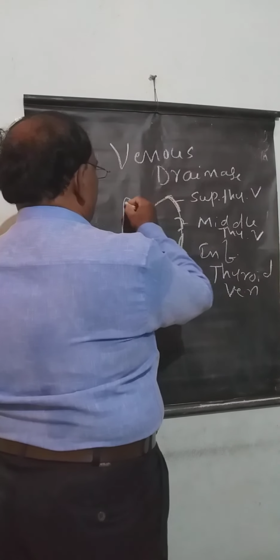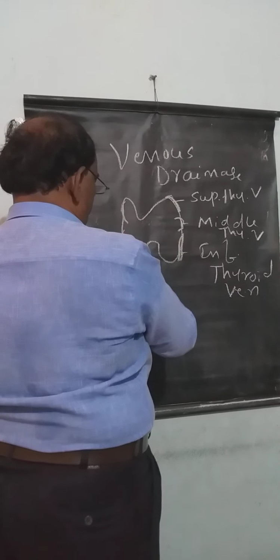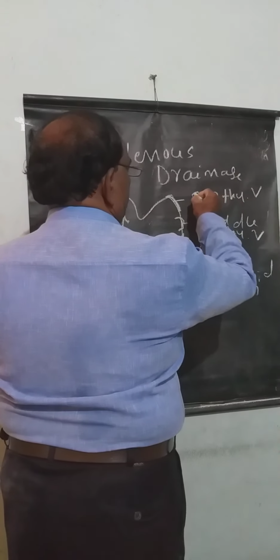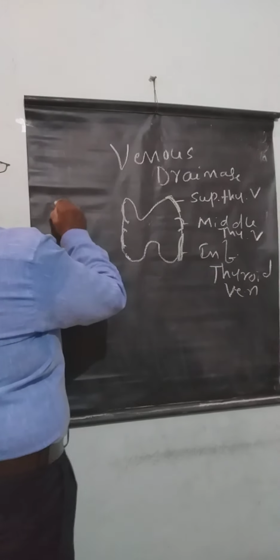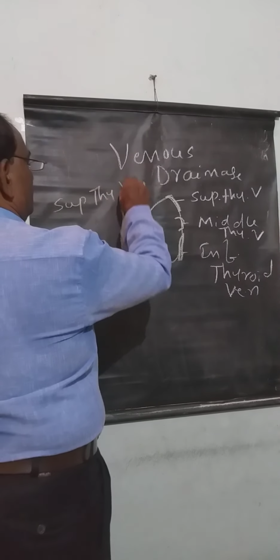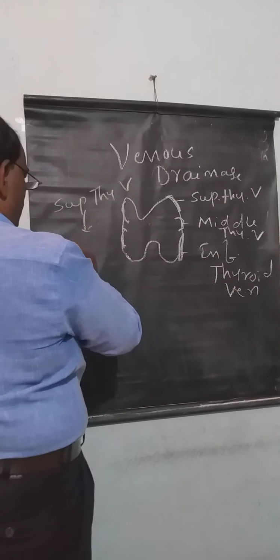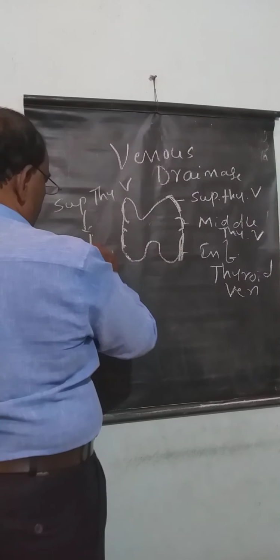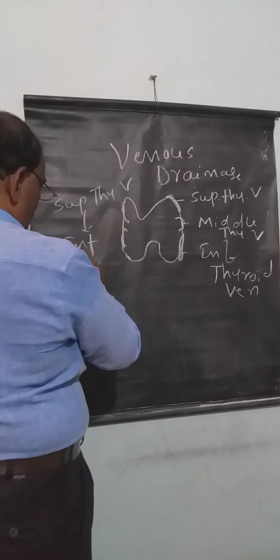The superior thyroid vein on either side drains into the internal jugular vein, or the common facial vein. The middle will also drain into the internal jugular vein.